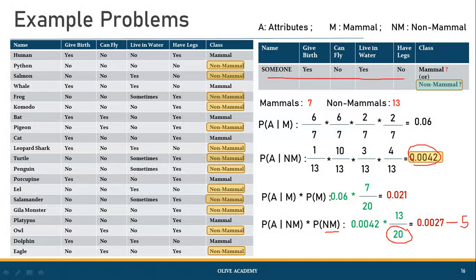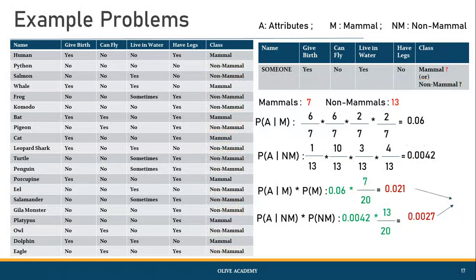It depends on whichever has the highest value, because we have the probability for mammal classification and non-mammal classification, and out of these two, whichever has the higher probability is what is supposed to be classified as the final output for the given data set.